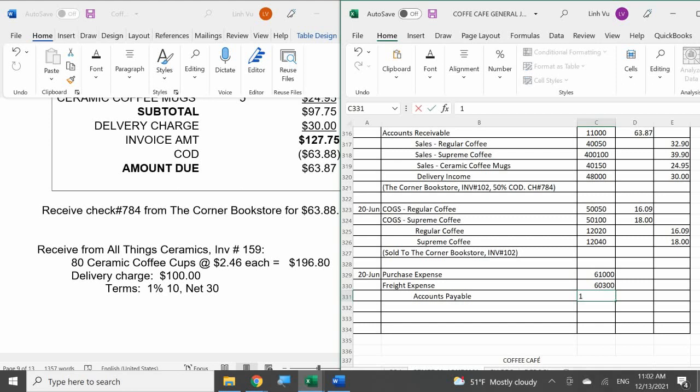And accounts payable should be 20,000. So in this case, it was for $196.80 plus $100 of freight, which gives me a grand total bill of $296.80. We have all the information we need to make our description.